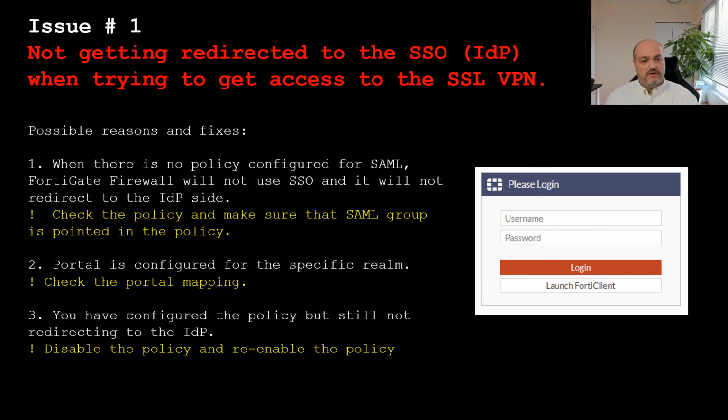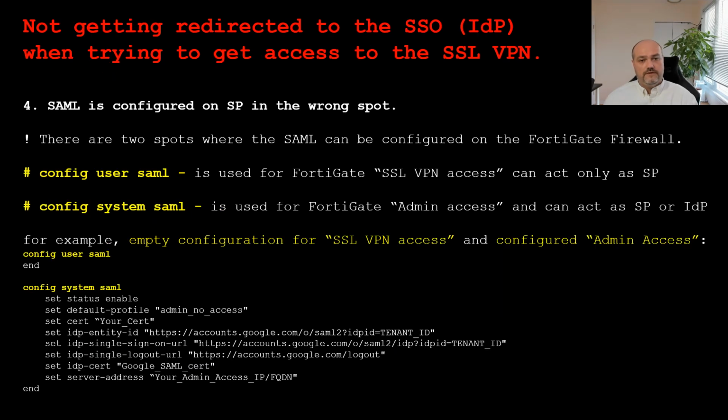Thirdly, you have configured the policy but still not redirecting to the identity provider side. In some cases, FortiGate may not refresh the policy and you will need to disable and re-enable the policy. Finally, SAML could be configured on a service provider in the wrong spot.